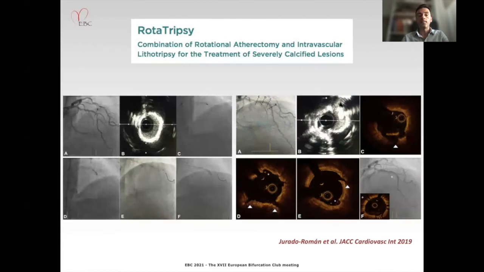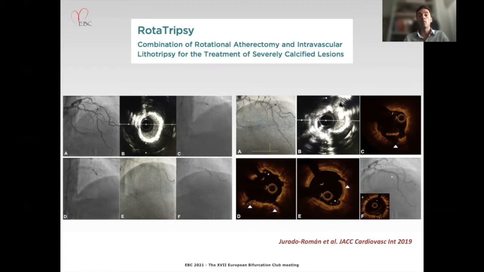So in summary, we think that rotatripsy, the combination of rotational atherectomy and intravascular lithotripsy, is a great technique when you have severe lesions and deep calcium, because rotational atherectomy is needed to create a tunnel after intimal ablation to deliver a shockwave balloon that cannot cross if the stenosis is very tight.